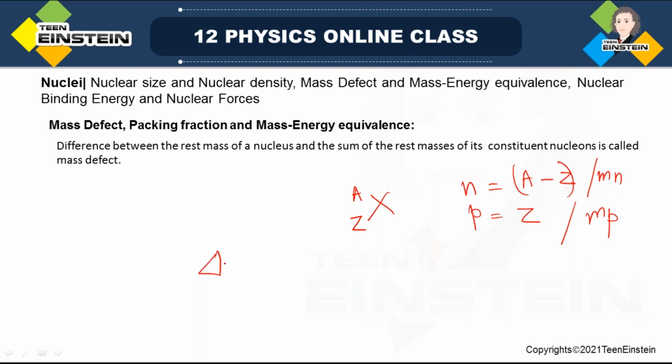So according to this definition, mass defect is always written as delta M, and look what it will be.